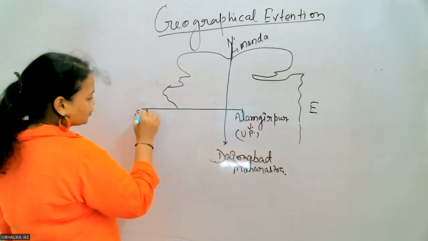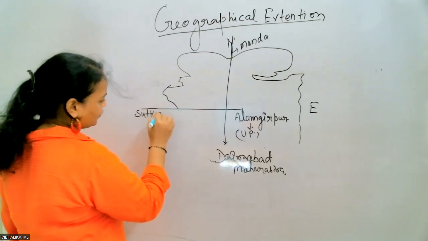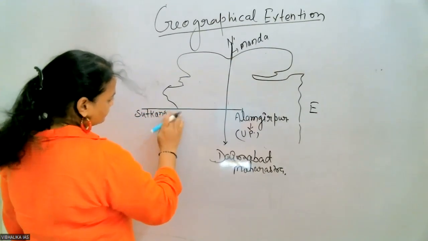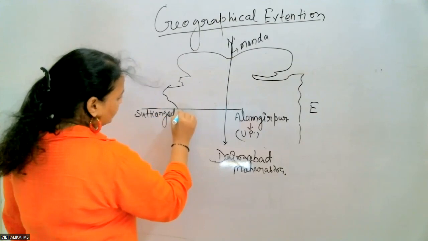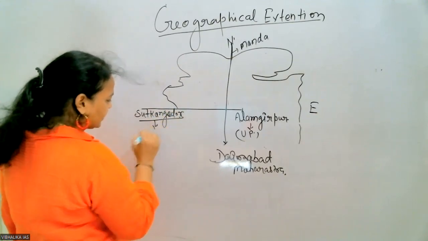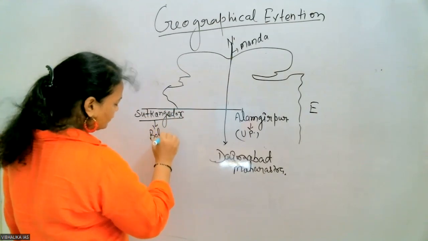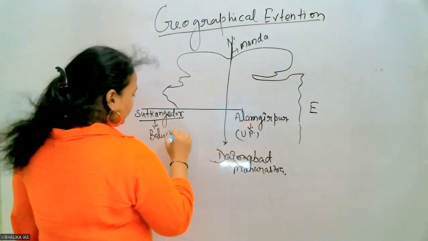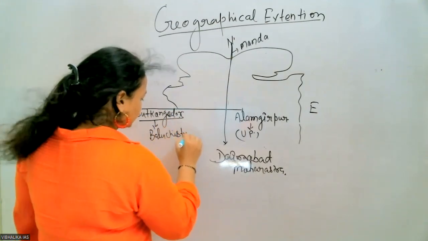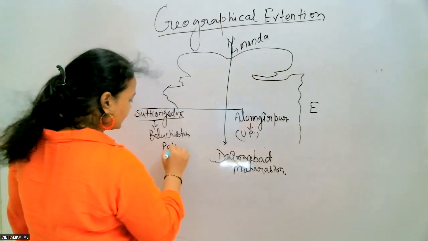This is called Sutkagen Dor. Students, this is situated in Baluchistan, and Baluchistan is in Pakistan, right?